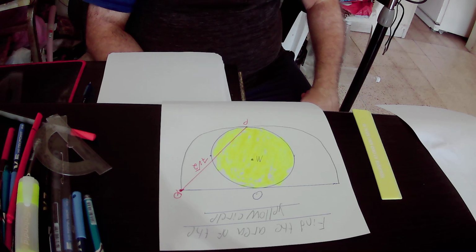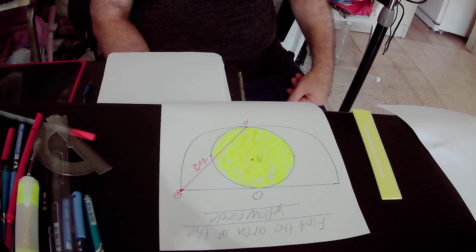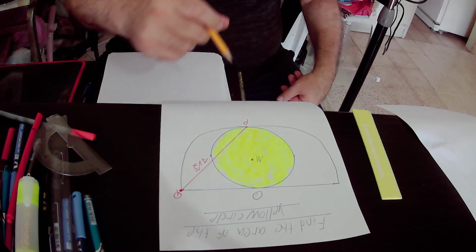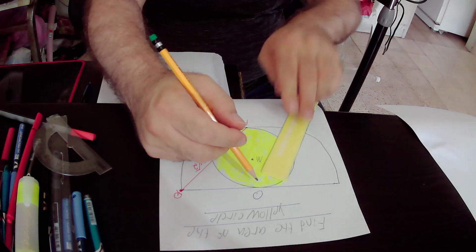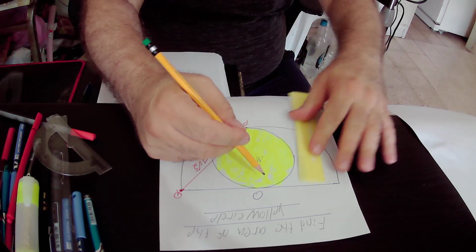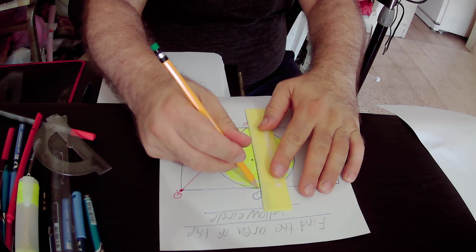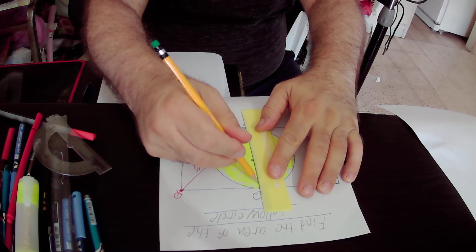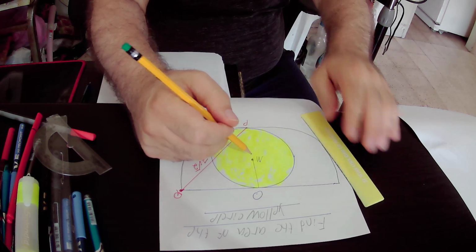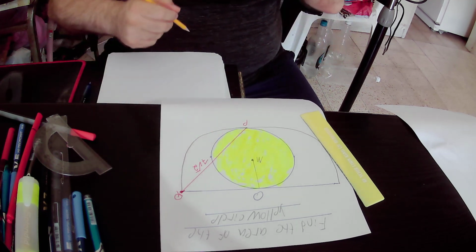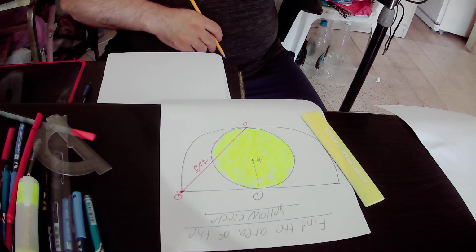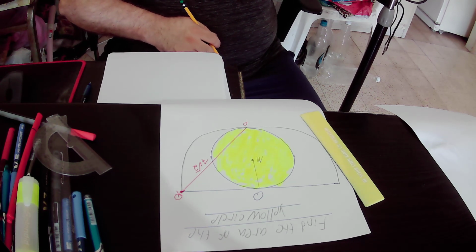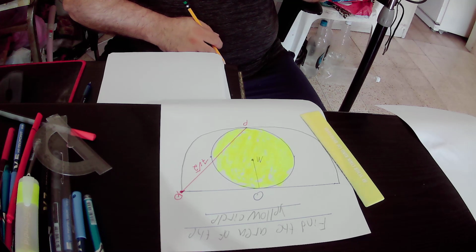So actually we will connect points M and O together, and as you can see, M is the center of the yellow circle, and O is a point on the yellow circle.